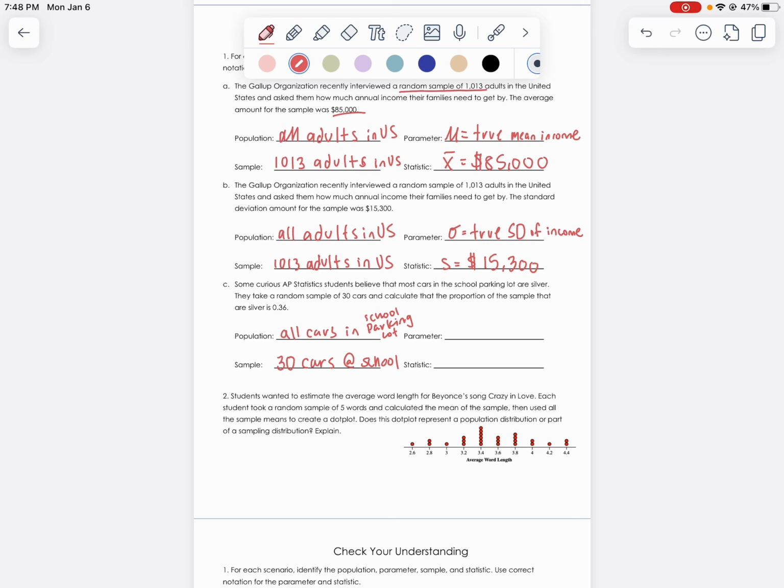Now the statistic given to us was that the proportion that was silver is 0.36. So for proportion, we use p hat. We have 0.36. And so for the parameter, this is the one that's about the population. So that's the simple p, and it would be the true proportion of all silver cars.